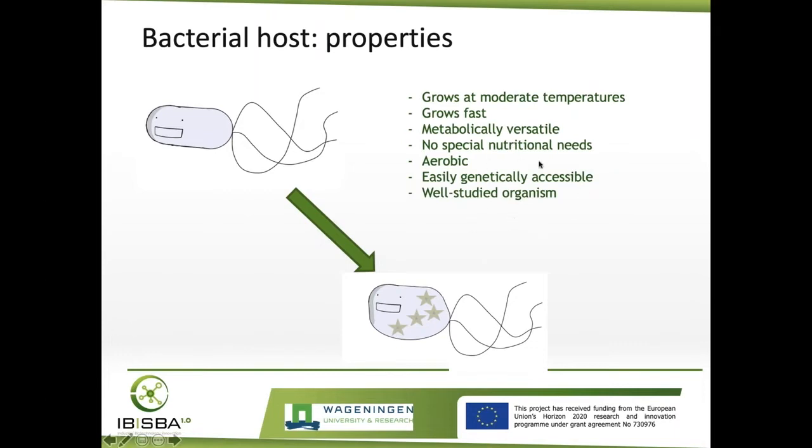And usually we also have a list of wishes for the bacterial host, for the chassis, which is to grow, for example, at moderate temperatures, to grow fast, to be metabolically versatile, not having too complicated nutritional needs, being, for example, aerobic, easily genetically accessible, and if possible, well studied so that we understand what is going on.